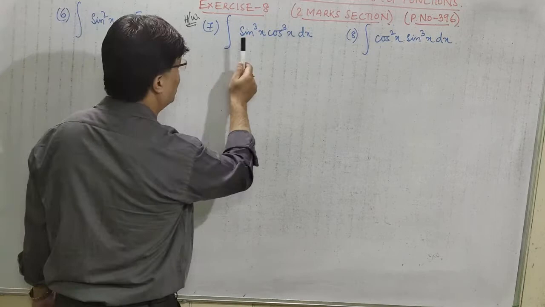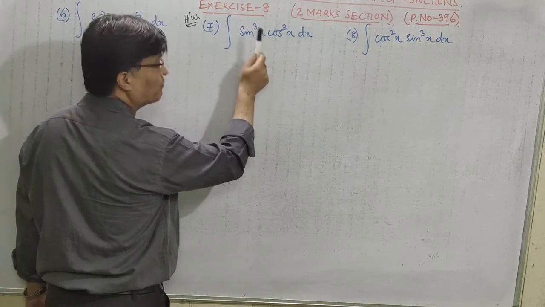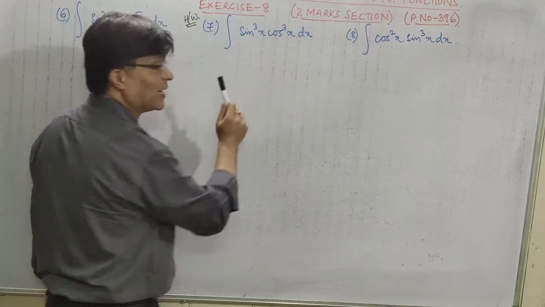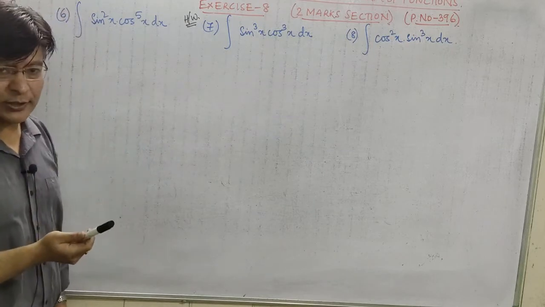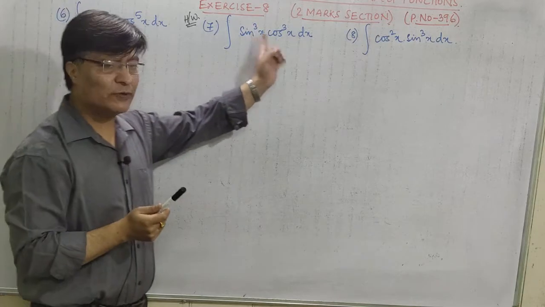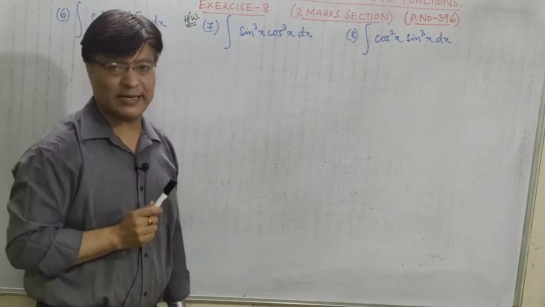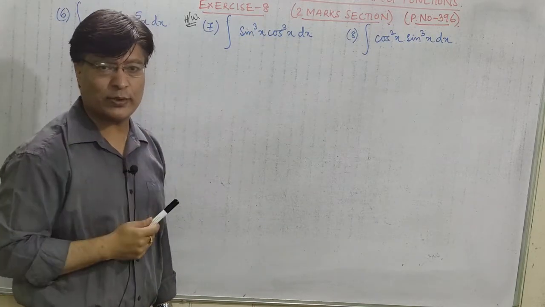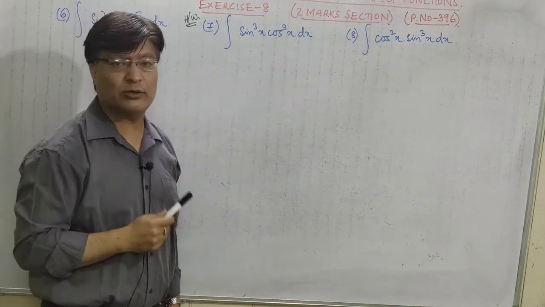If you keep sin cube x as it is, and break cos cube x as cos square x into cos x, then you know that the differentiation of sin x is cos x. So you have to convert this cos square x in terms of sin x by writing 1 minus sin square x. Then we can assume z is equal to sin x.